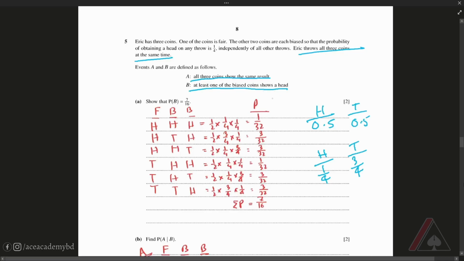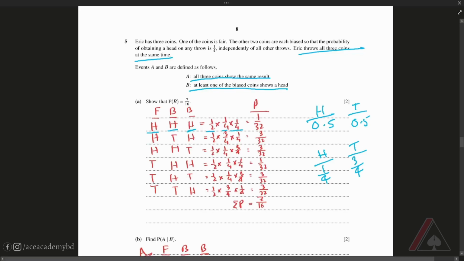So we can find the probability of all the possible outcomes here. So let's say the probability that all land on a head is half for the fair coin and 1 by 4 for the 2 unfair coins or biased coins. So we multiply them all, we get 1 by 32.